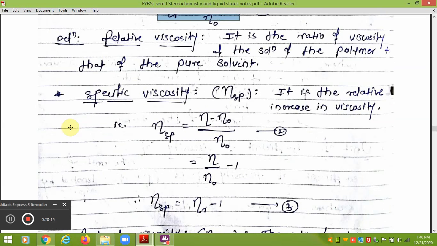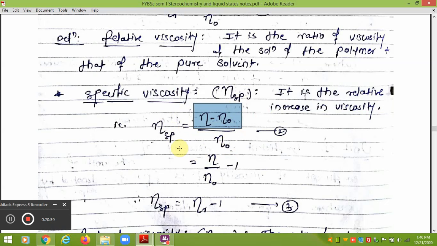And from the relative viscosity, dear friends, we are also able to calculate the specific viscosity, which is the relative increase in viscosity. It is obtained by taking the difference between the viscosity of the solution and that of the pure solvent, divided by the viscosity of the pure solvent.